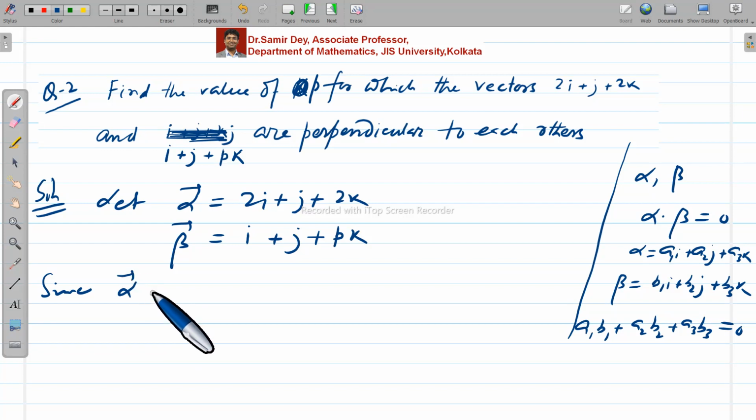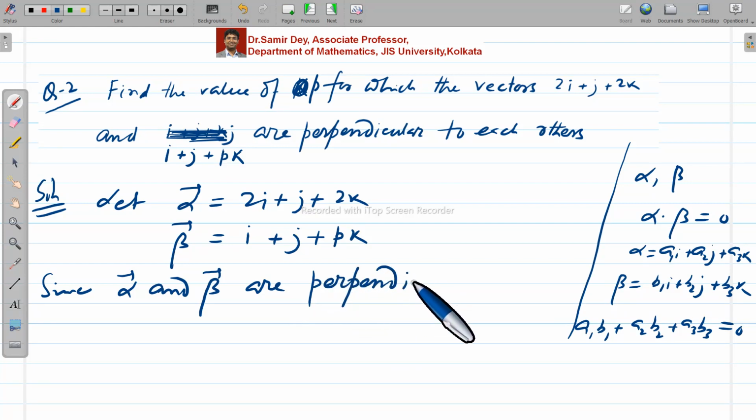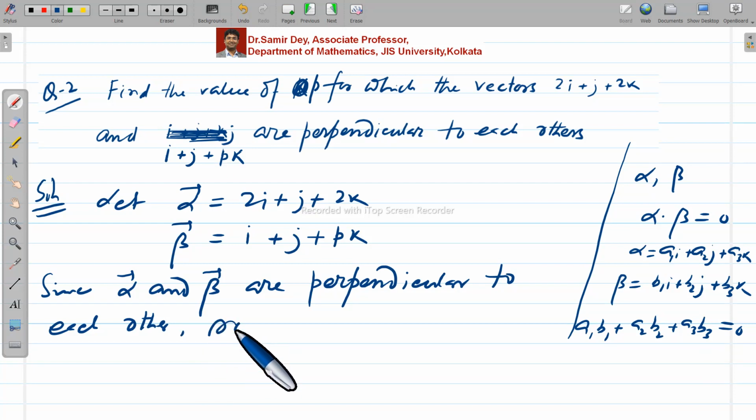Since alpha vector and beta vector are perpendicular to each other, a1 b1 plus a2 b2 plus a3 b3 should be equal to 0, formula-wise. What is a1? The i coefficient. What is a2?